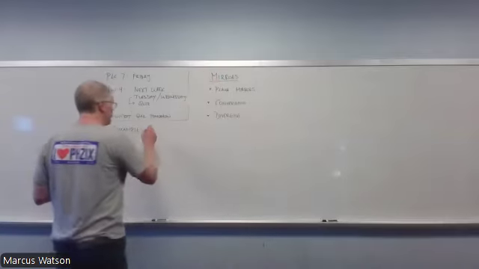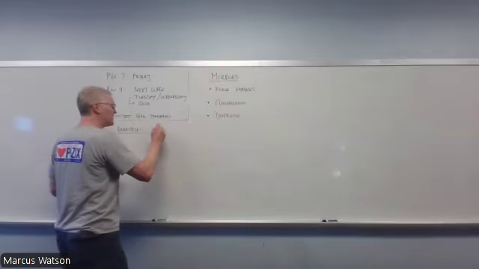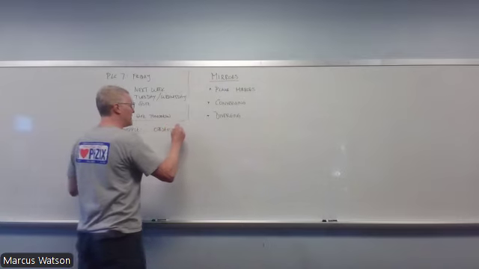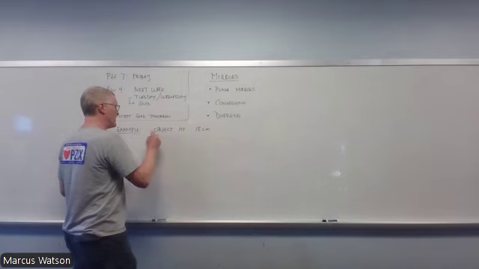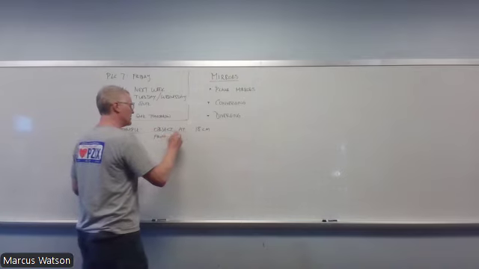So let's take a look at an example here in which I have an object located at, say, 18 centimeters from a converging mirror.